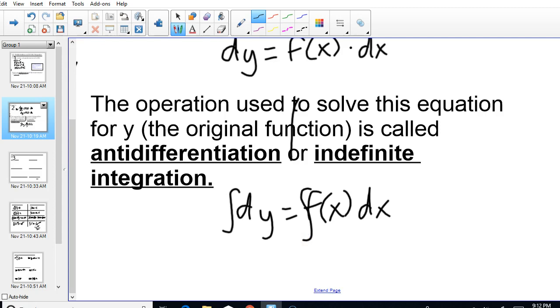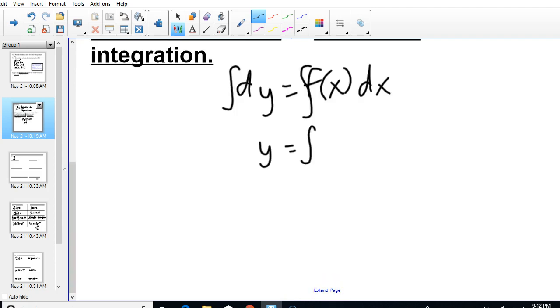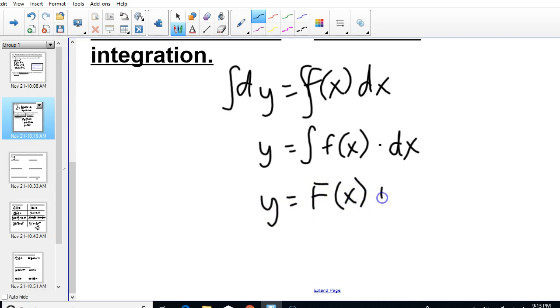When we integrate a derivative, it just cancels out, so we just have a y on the left-hand side. And when we integrate the lowercase f of x, we'll have the capital F of x on the other side, and then we have to put a plus c for our constant of integration.